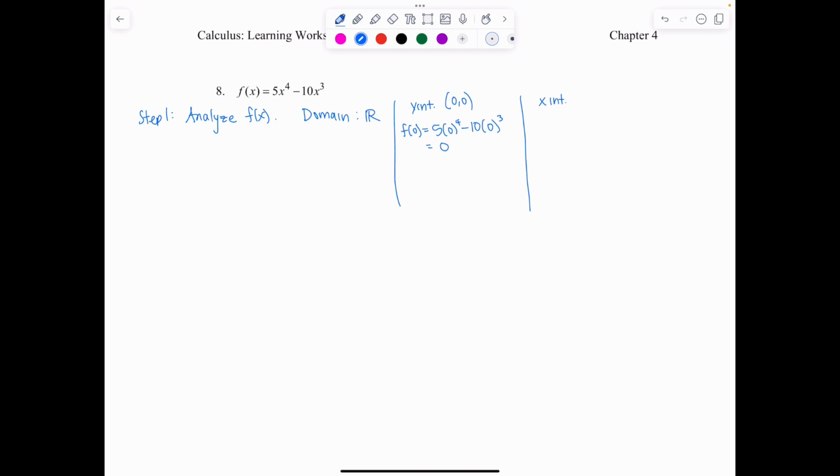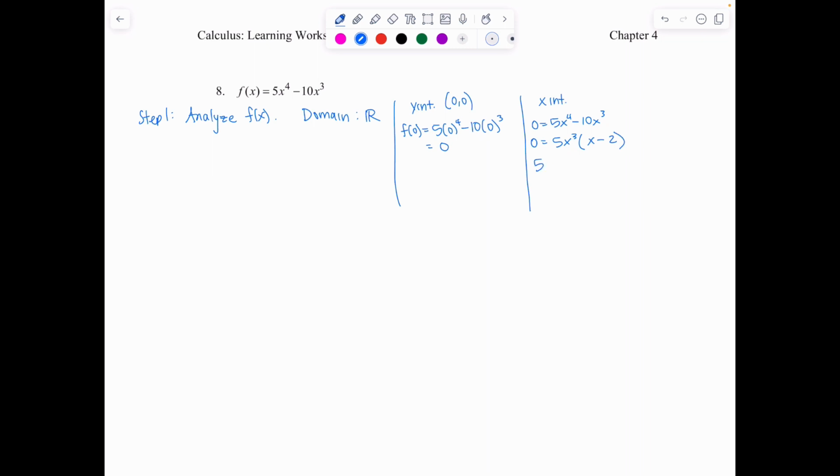X-intercept: 0 equals 5x to the 4th minus 10x cubed. Let's factor 5x cubed out, so we'll have x minus 2.